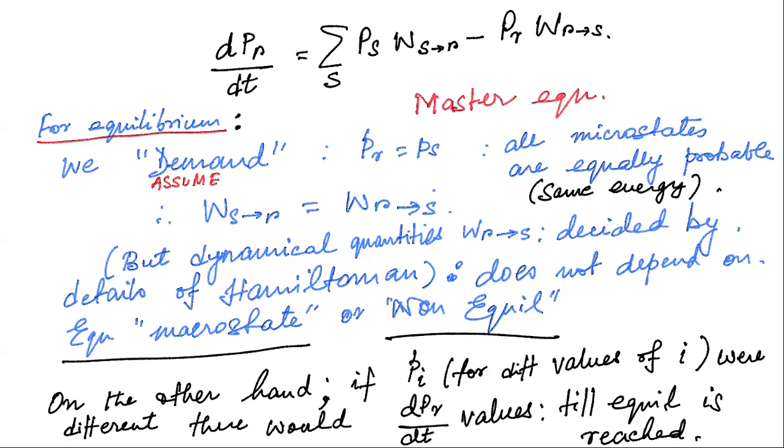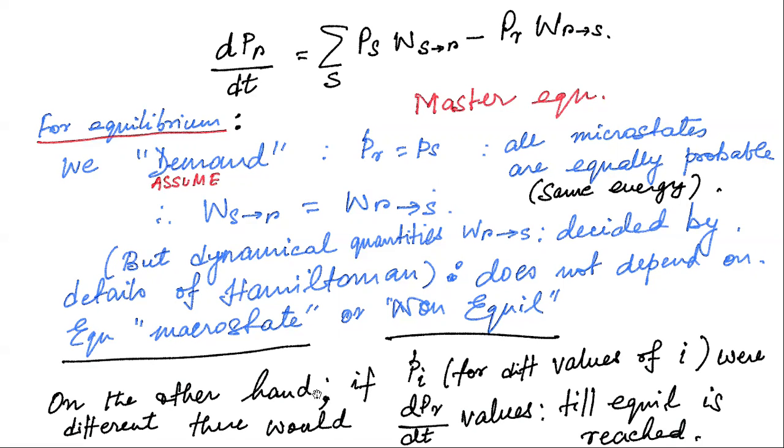That's a property of the Hamiltonian, and whether the system is in equilibrium or not is a property of these large number of particles, right? So W_SR equal to W_RS, if energy is not changing, is unchanged whether the system is in equilibrium or non-equilibrium.